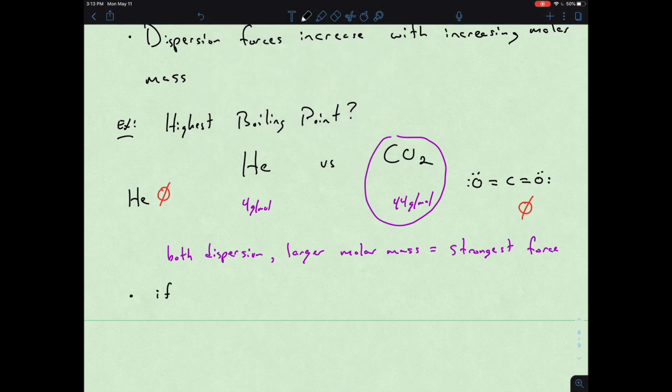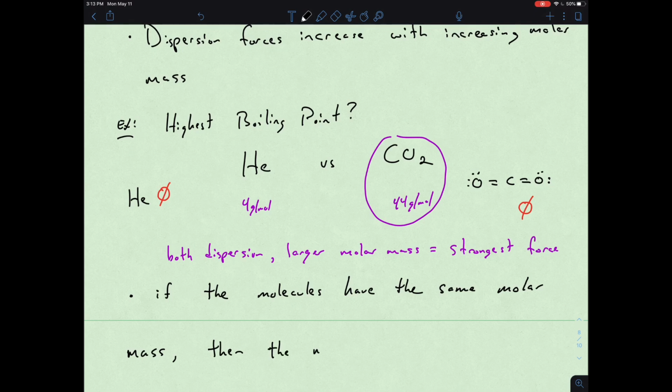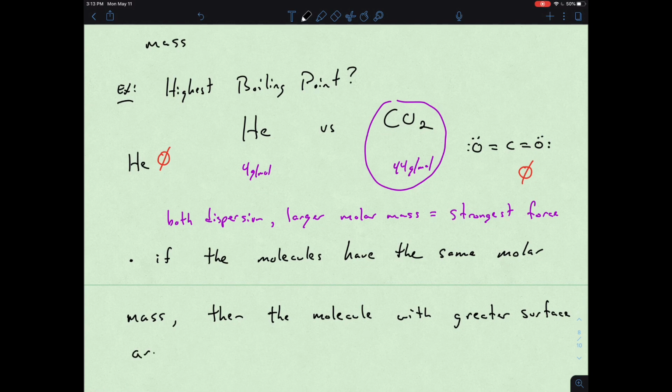If the molecules have the same molar mass, then the molecule with greater surface area will have the stronger force.